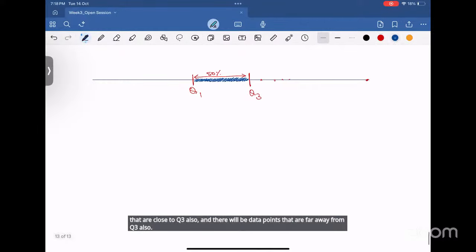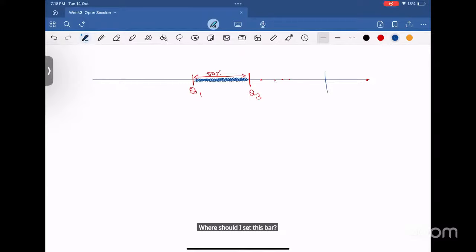Where should I set this bar? Where should I set a value such that anything below that is inside and anything above that is an outlier? Where I set it depends on this IQR.